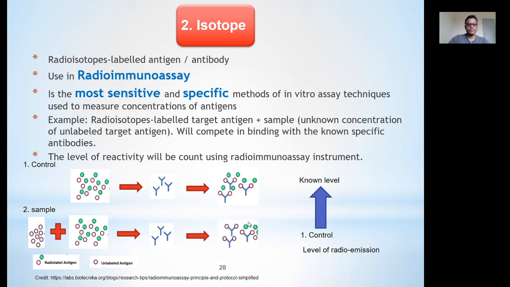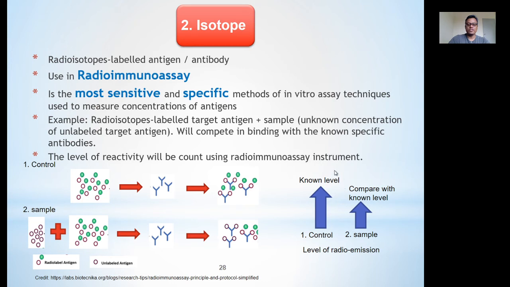We can observe here some bind to the unlabeled antigen from the patient, and the rest will bind to the radio-labeled antigen reagent that we have earlier. And then we will measure the level of reactivity. For example, we get the level here close to half of the control, so we know that the patient sample contains 50% of the antigen that we are looking for compared to the known level.